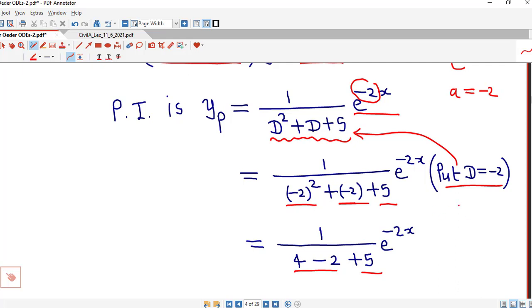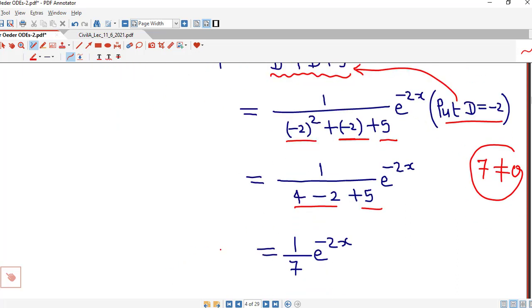That is, the value of the function at D equal to minus 2 is 7 and it is non-zero. So we keep 7 as it is, and this is our particular integral, because the value of the function is non-zero at D equal to minus 2.